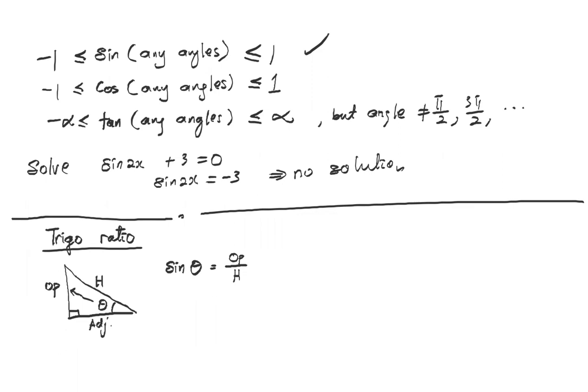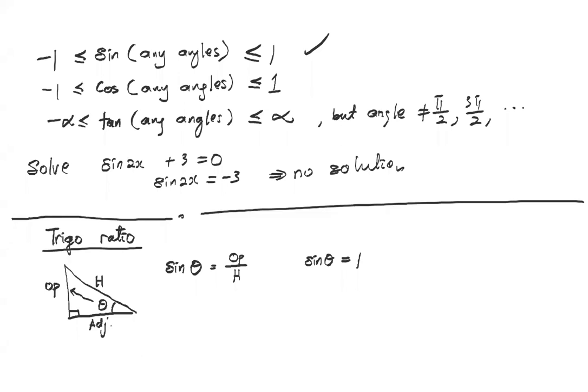No, because the hypotenuse is the longest side, so it is definitely less than 1. So when is sin of an angle equal to 1? When the opposite and the hypotenuse are of the same length.